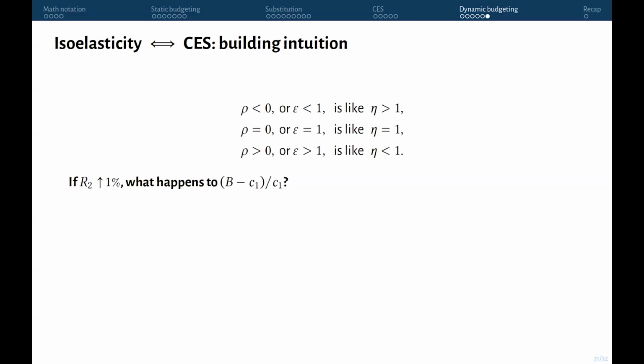So let's think about this. R2 going up by 1% is like what happening to the price of consumption in good 2? Decreasing by 1%. Yeah, so the price has fallen by 1%.